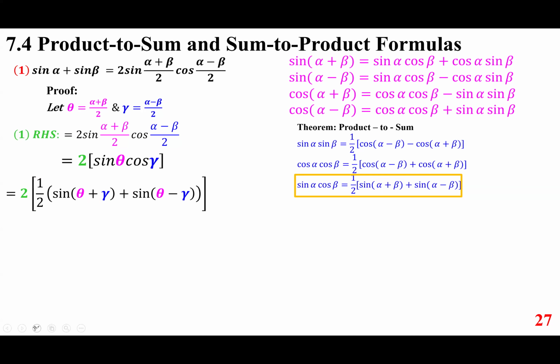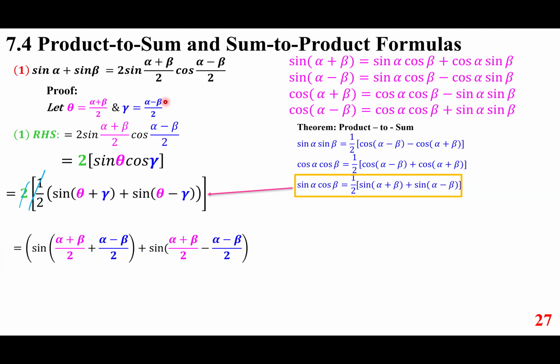These two cancel each other, everybody. And now if you replace the theta with alpha plus beta over 2 and gamma with alpha minus beta over 2, so that's the formula.